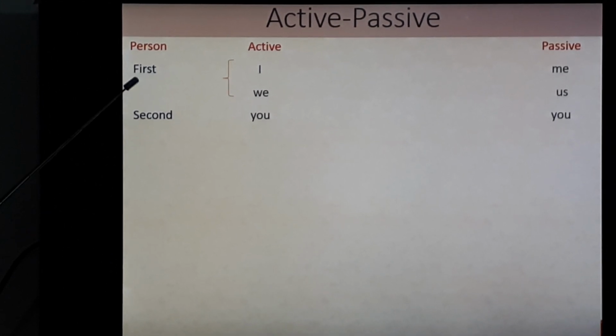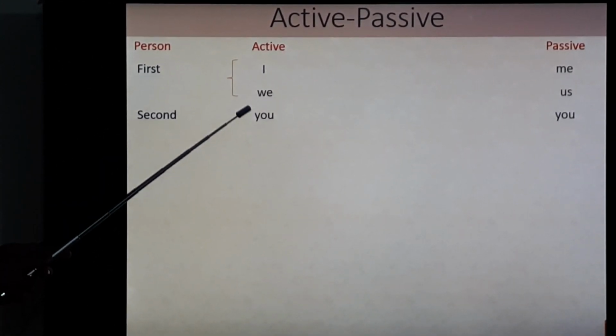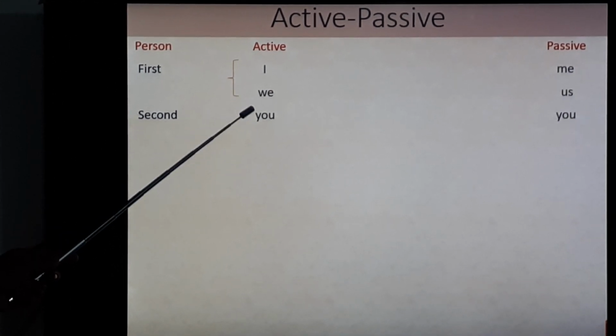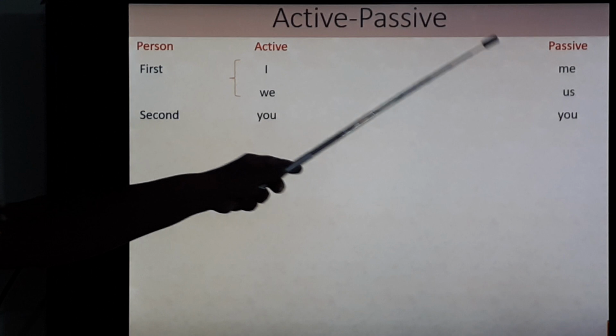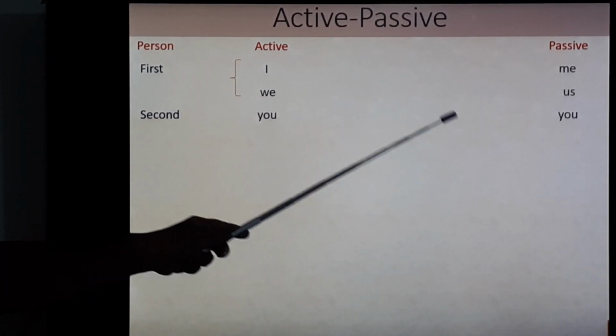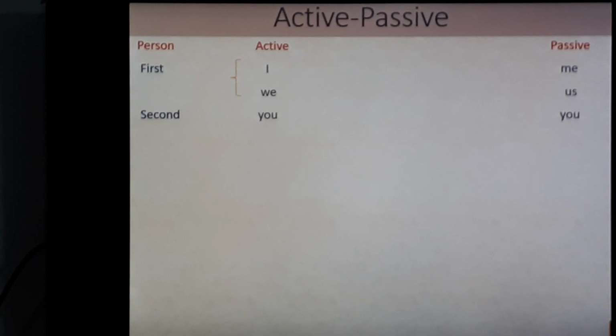Second person. If in active voice you is given as a subject, then while turning this active voice to passive, it remains you. It means it will be the same in both singular and plural. Let's see third person active voice.